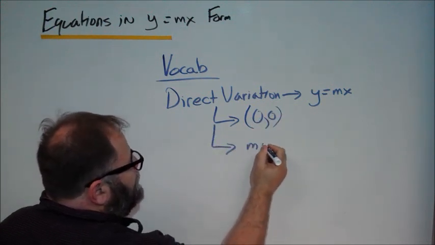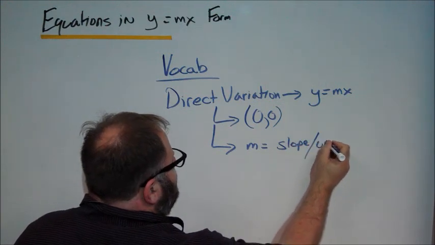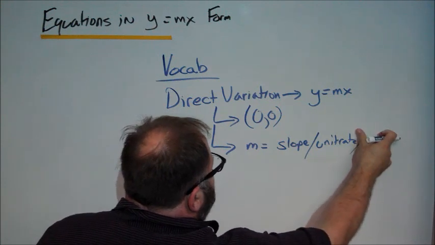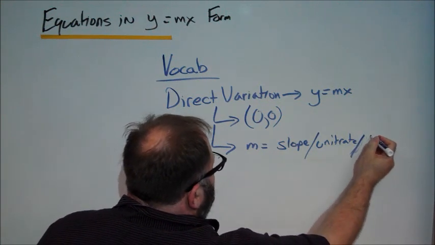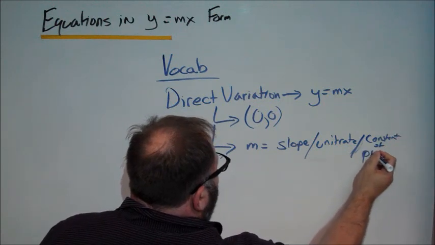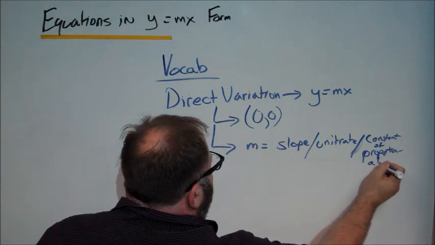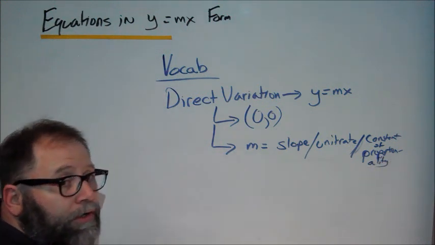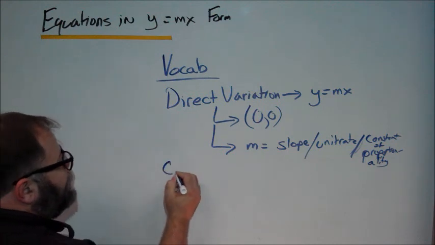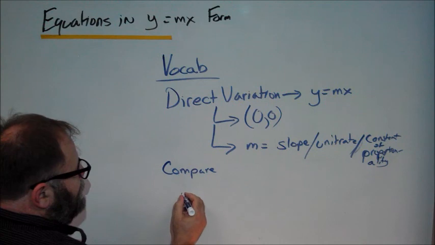We know that m is the slope, it is the unit rate. It is the constant of proportionality.